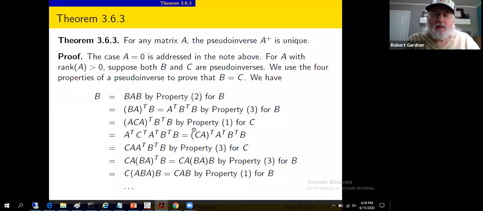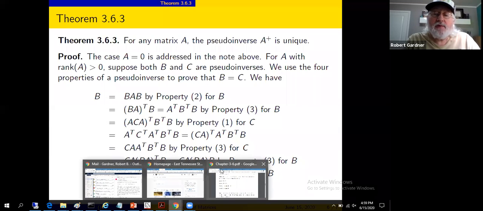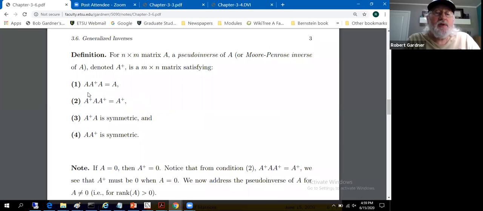Maybe look back at it. So we should see in property 1, A super minus A equals A. So we're taking A within that transpose and replacing it with A pseudo inverse A. That's what property 1 reads: A pseudo inverse A equals A. That's what we've got, except the pseudo inverse we're denoting with a C at this stage.